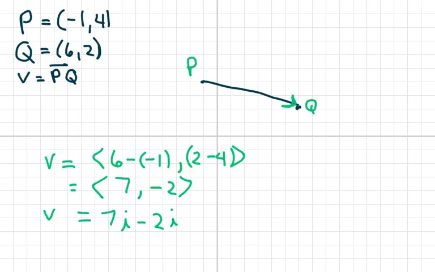That all equals your vector. And then when you plot that, you're going to go to 7. This was 6, 7, negative 2, and go from the origin, and that's your position vector.